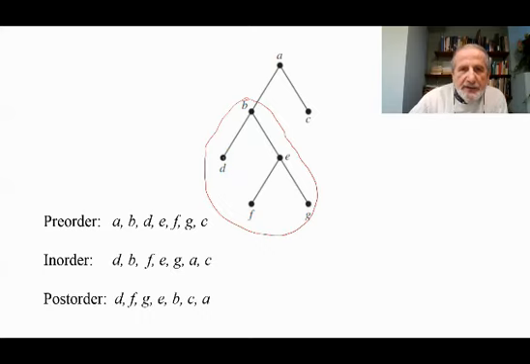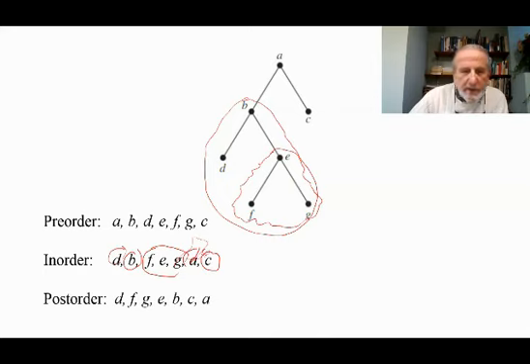So now you have D, then you go to B. Now I hit another subtree, see? Apply the same concept: F, E, G. And then I'm done, then I have to go to A, and then C.